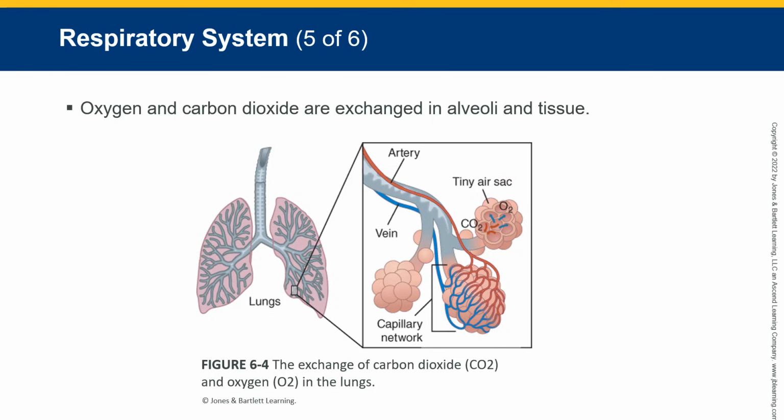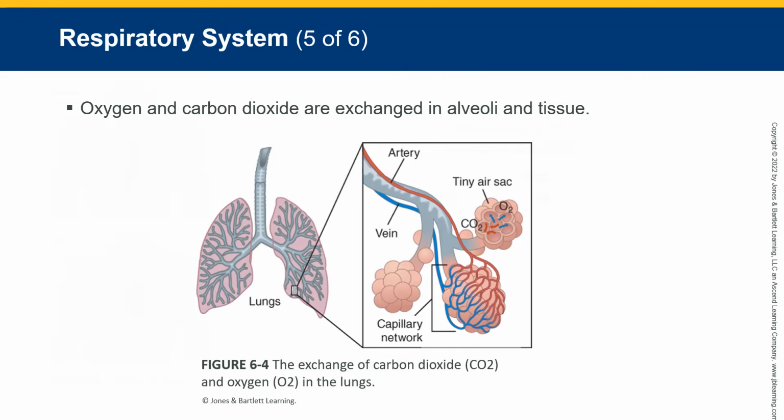And your body does not like imbalance. And so, because there's more oxygen in the air we breathe in than what's in our blood system, oxygen transfers over through that semi-permeable membrane.